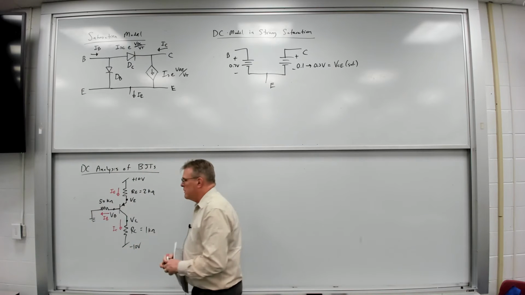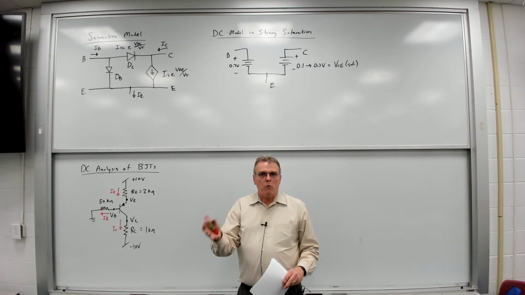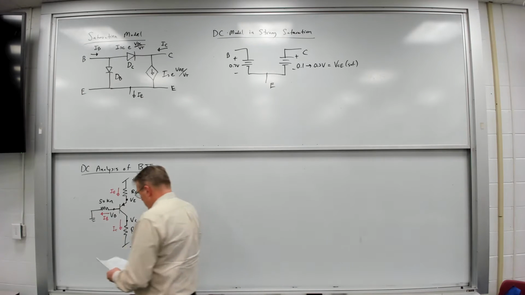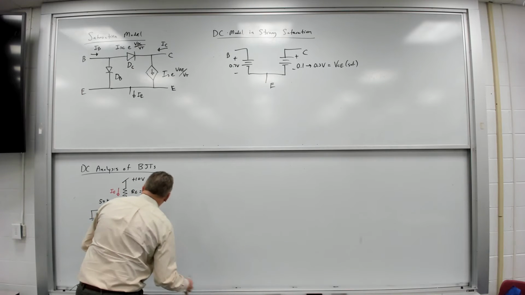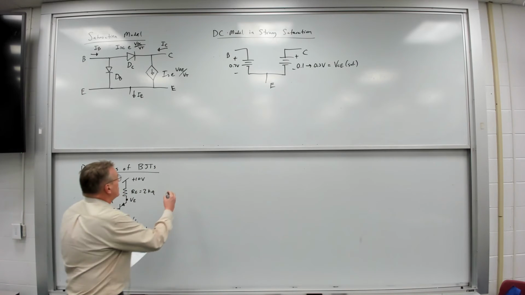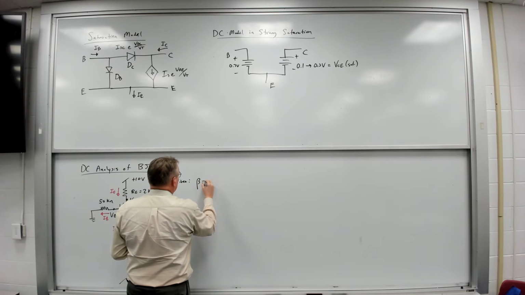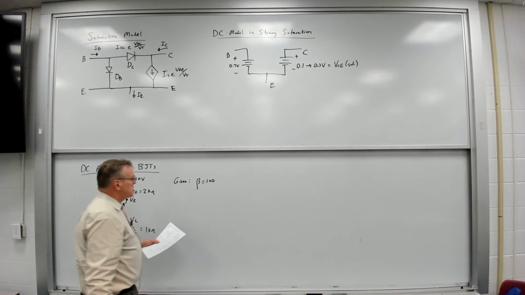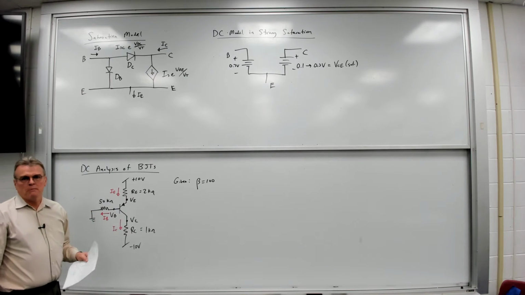And of course, the reason for this is you want the currents to all be positive, whether it's NPN or PNP. All right, so in this case, it is given that beta is equal to 100 for this transistor. So that's given to us, and we want to calculate all of the currents and voltages.